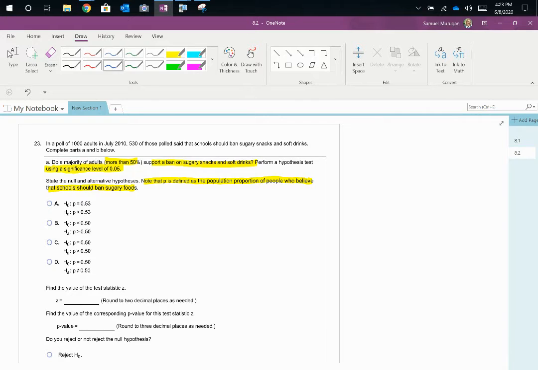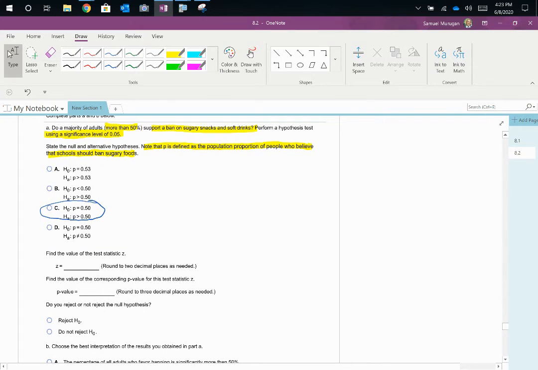So the null hypothesis is p equal to 0.5, or 50%, and since more than 50% supported, the alternative hypothesis is p greater than 50%.